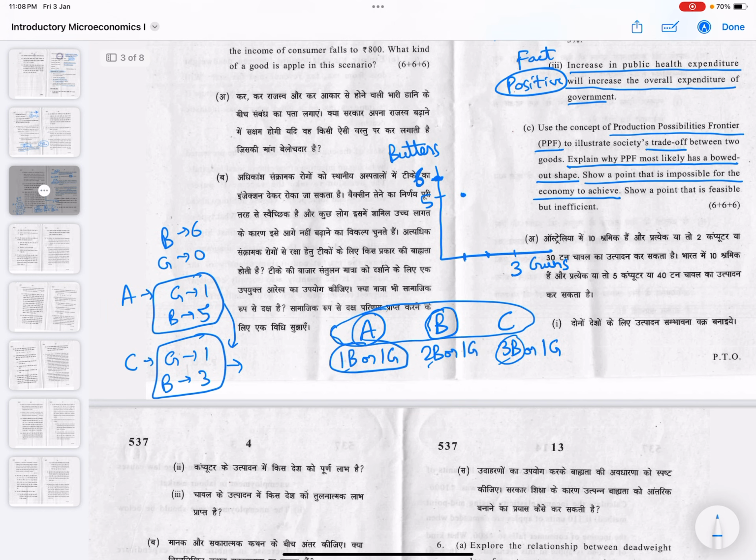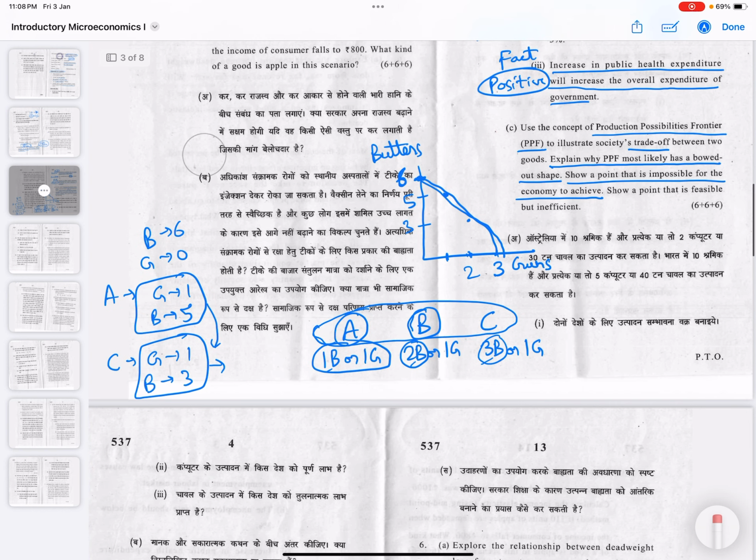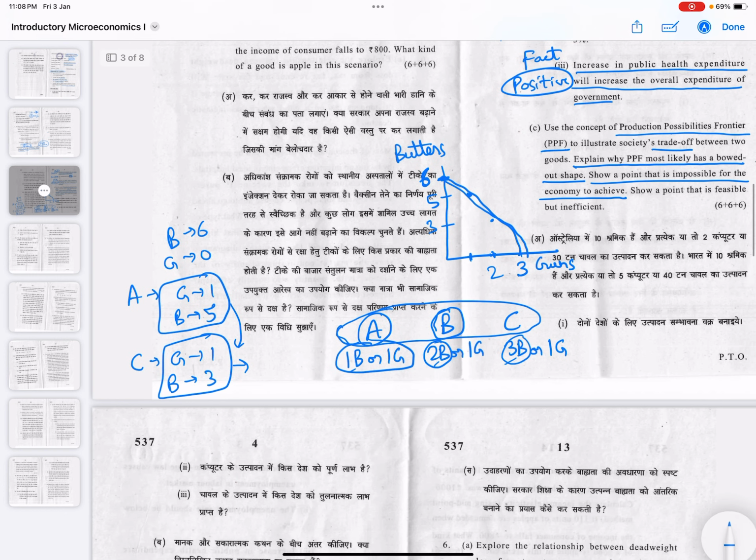And it will lead to reduction of 2 units of butters. So this is 3, this is 2. So you will have a curve like this. Okay. And it is an outward shape. The curve is bowed outward. So this indicates that the marginal opportunity cost of producing the goods is increasing throughout.